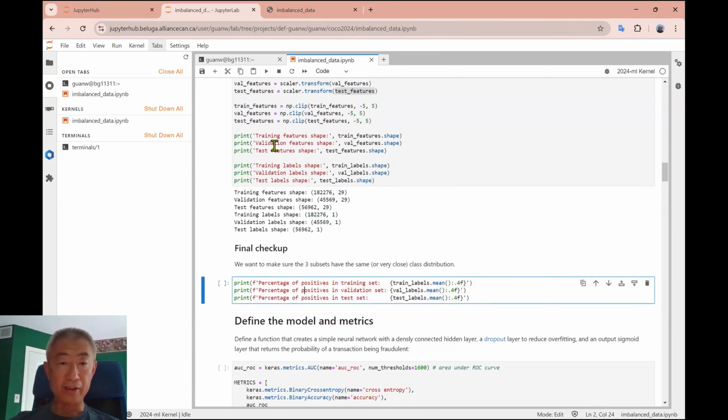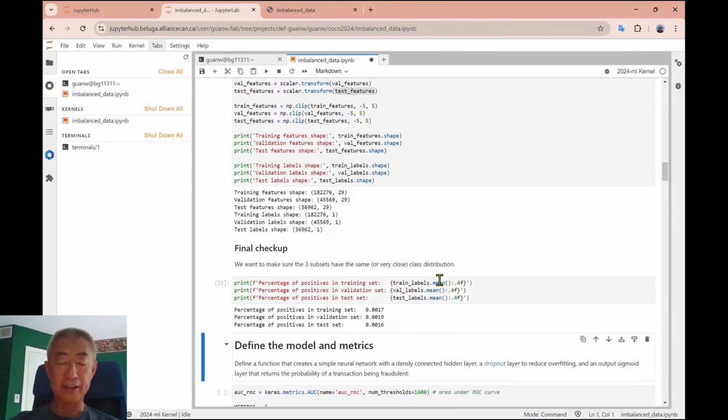So we do a final checkup to see the percentage of positive samples. We can see they are not even, because we just randomly split the data. So we see the training set has a slightly lower positive rate than the validation set, but it's quite around 0.0018, something like that.